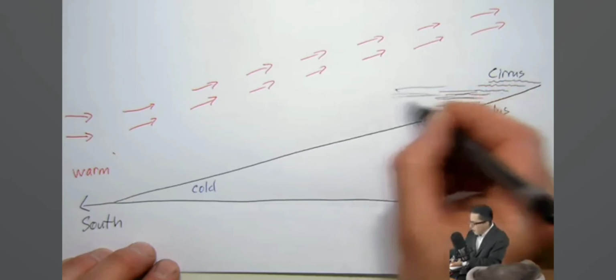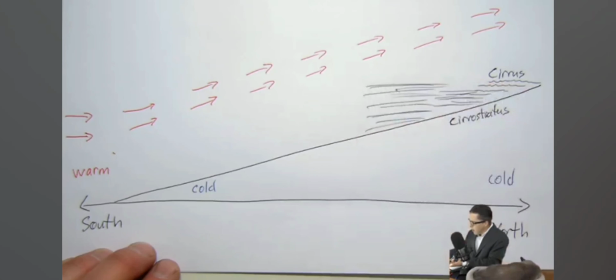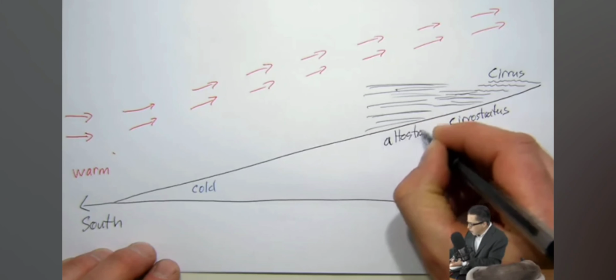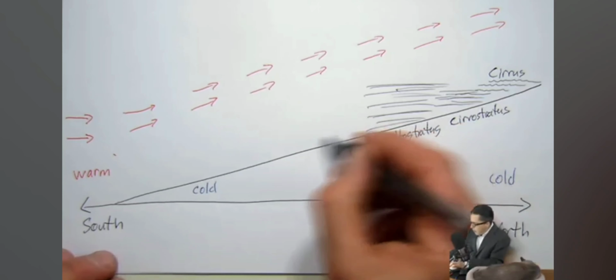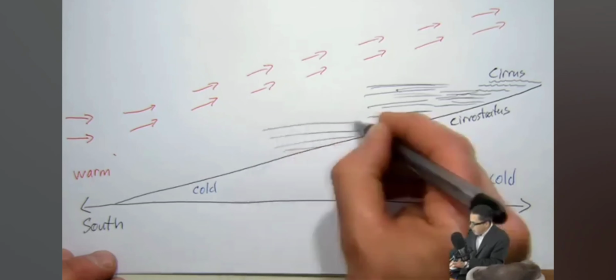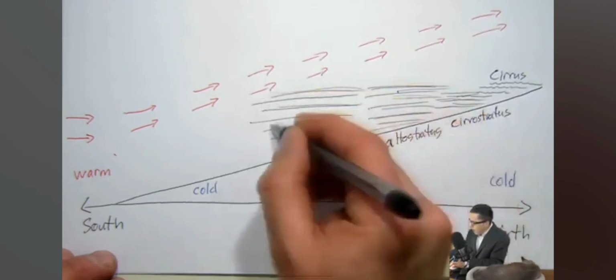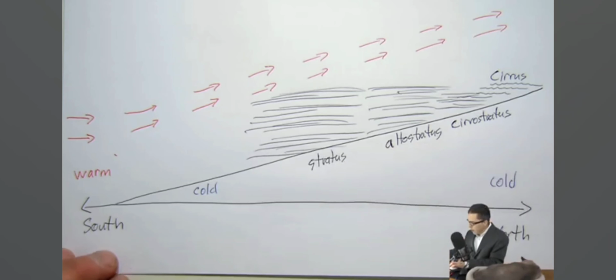And then they get thicker still, and that we would call altostratus, right? And then further back on this wedge, we're getting a thicker and thicker chunk of air, and eventually they would be so thick that we wouldn't be able to see the sun.